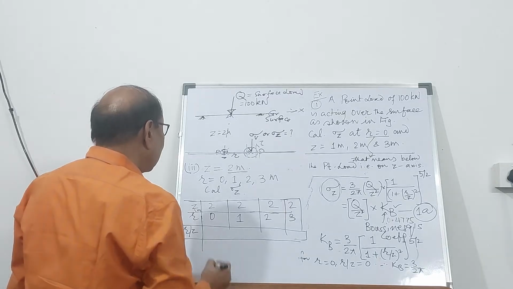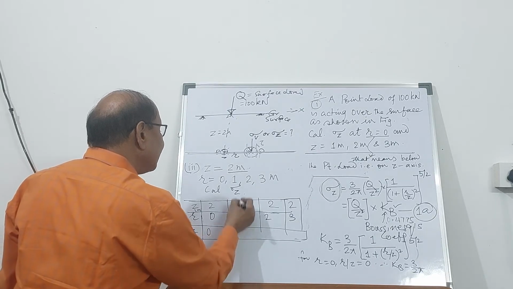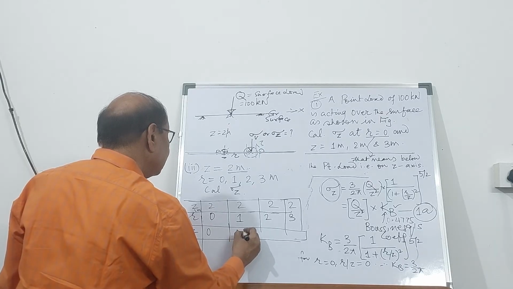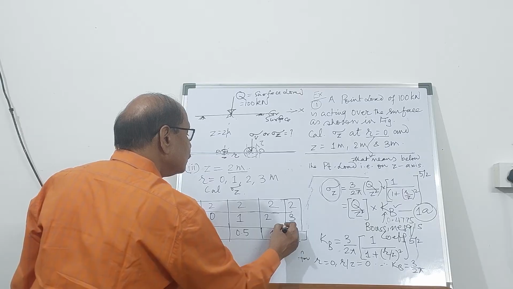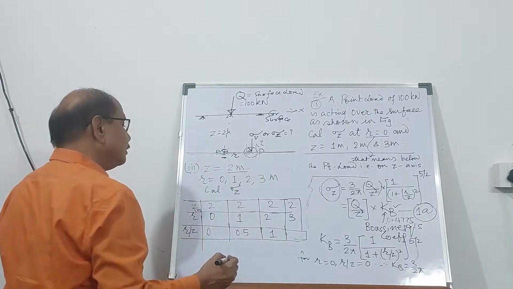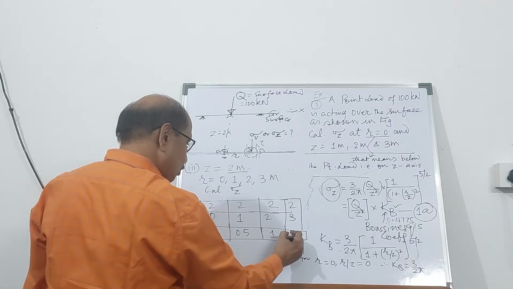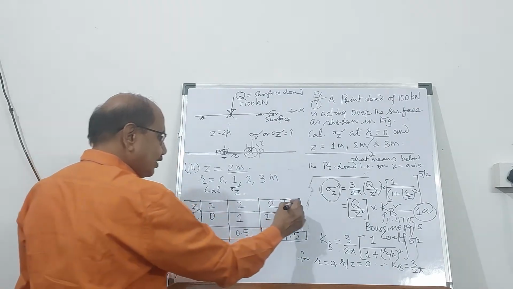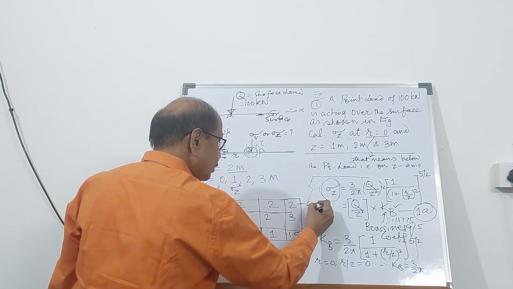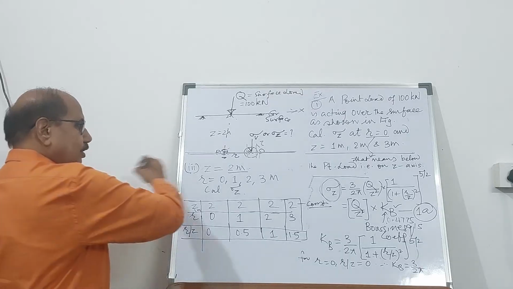So r by z becomes 0. Here r by z becomes 0.5. Here it becomes 1, and it becomes r by z equal to 1.5. So what is constant? z is constant. z is constant, 2 meter.